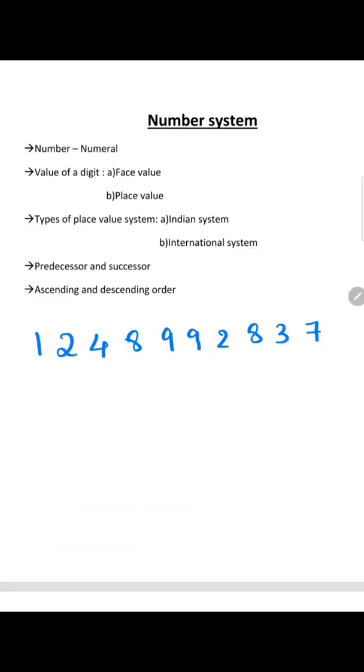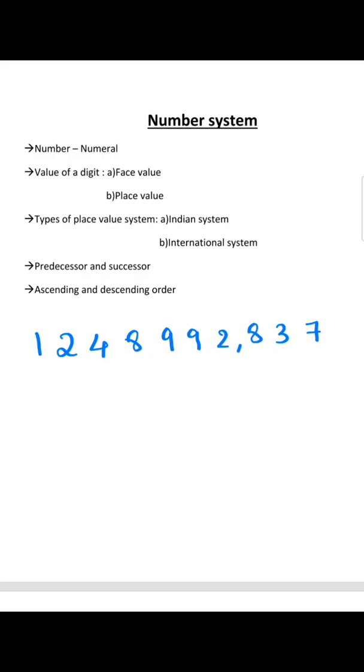So students, now let us see how to place the commas in the international system. First, the first comma should be put after 3 digits, that is, after hundreds place.